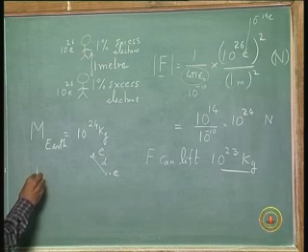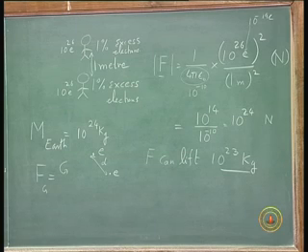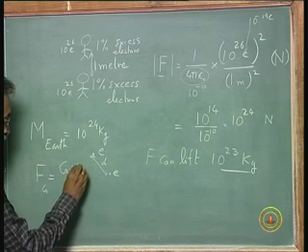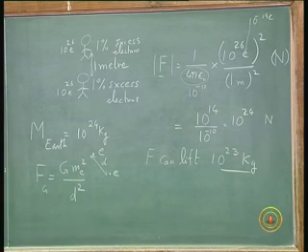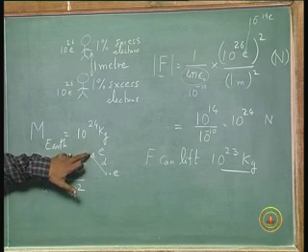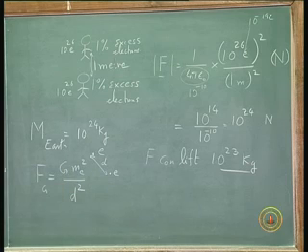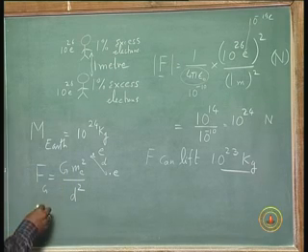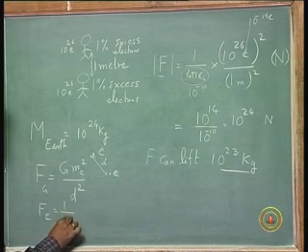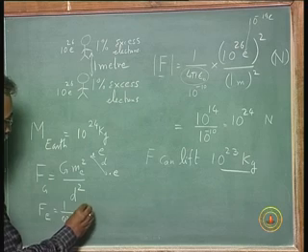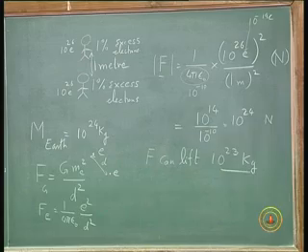The force due to gravity is the gravitational constant times the mass of the electron squared divided by d squared. This is the force with which one electron attracts another electron. This is gravitational attraction. The electrical attraction force due to the electric field is 1 over 4 pi epsilon 0 E squared, the charge of the electron squared, divided by the same d squared.